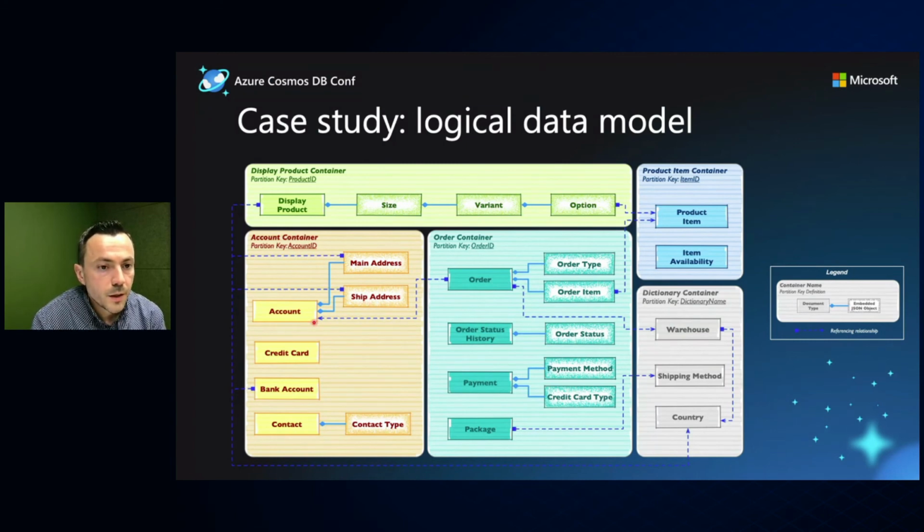So we embed the ship address and main address inside the account document type, inside the JSON with account. Similarly, the contact type we embed into contact. And the last piece, you can see this dashed arrow. It's a referencing relationship. So inside display product, we can just store the country ID. In such a case, you can see how we came to the logical data model.